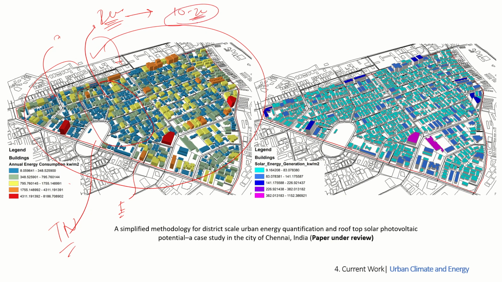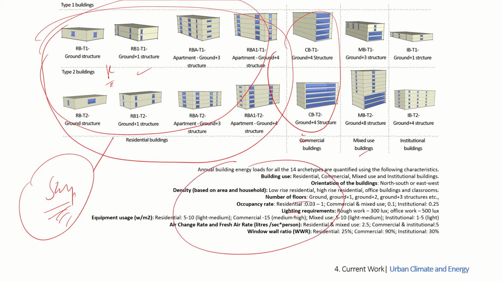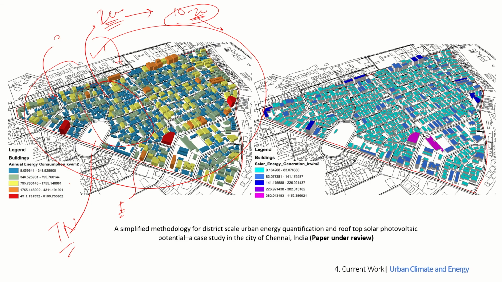These 10-20 buildings will be modeled, and energy assessment will be done for them. For example, this is a typical representative of residential buildings in this layout, and a typical representative of commercial buildings, mixed use, and so on. And of course, all the other information is required, how much energy is used, and so on. And we'll be able to generate, again using GIS only, the energy consumption, and so on.